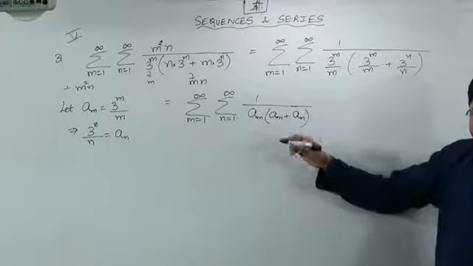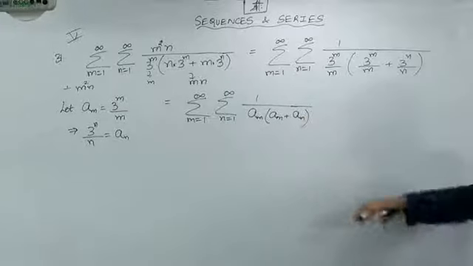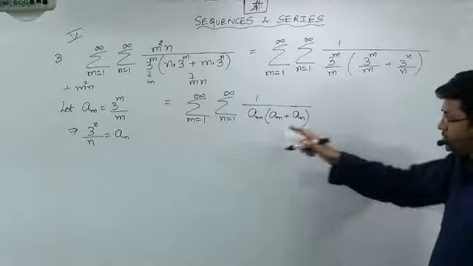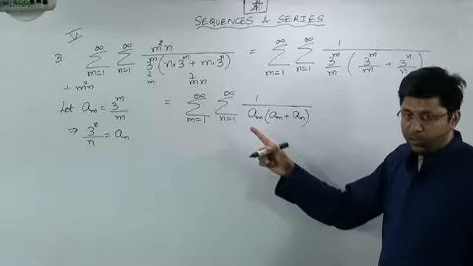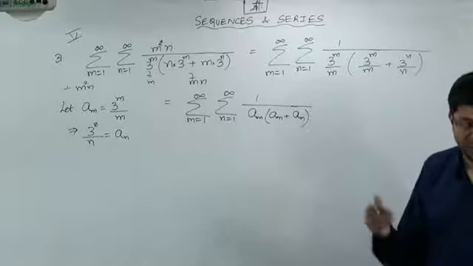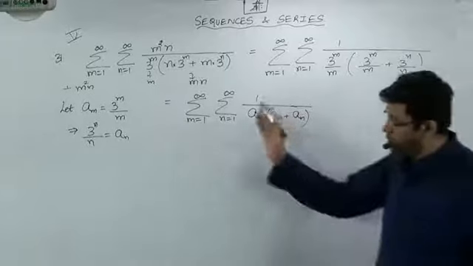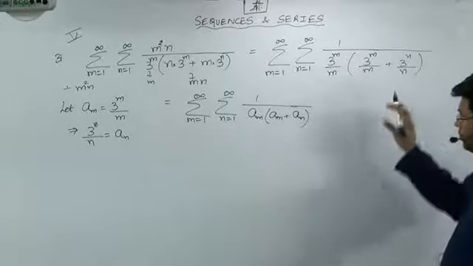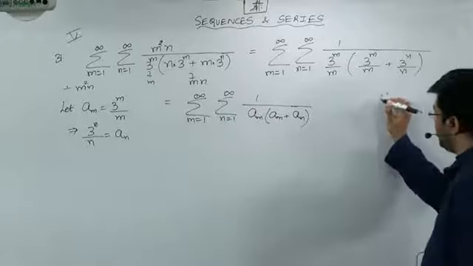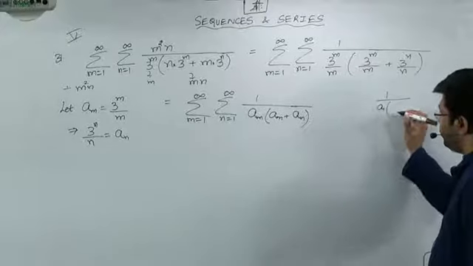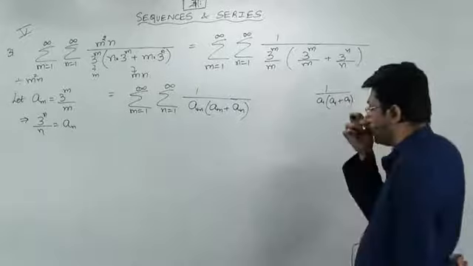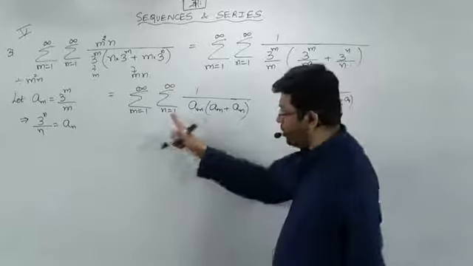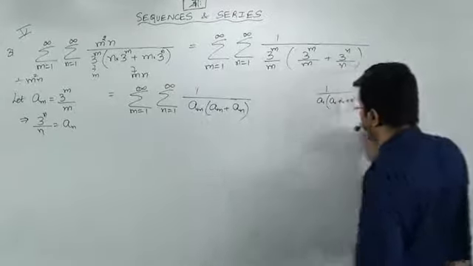Now, if you expand, how will that be? First, start with m equal to 1, then n 1, 2, 3 and so on. Then we have to go for m equal to 2. Now let us just list that. It will be like 1 by a1 times first term m equal to 1, n equal to 1.